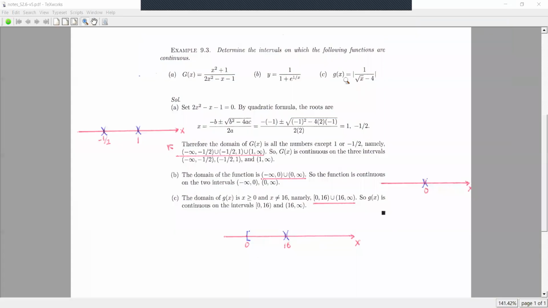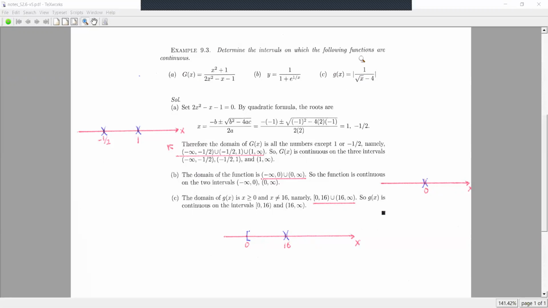About this function, it has a square root of x. Square root of x cannot take negative numbers, so x must be greater than or equal to 0. Also, x cannot be 16 because square root of 16 minus 4 is 0. 1 over 0, the function is not computable.